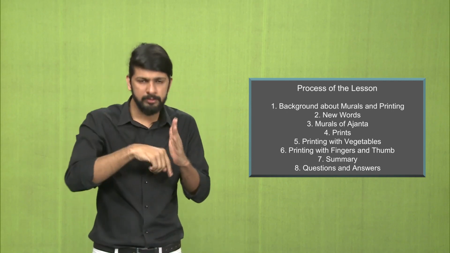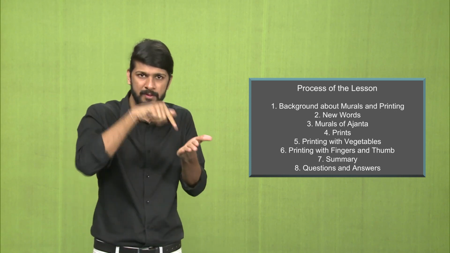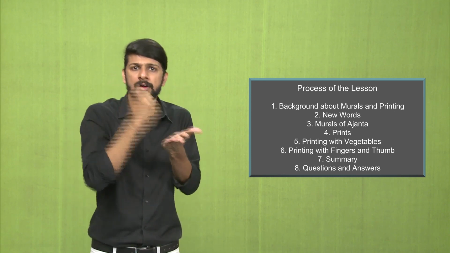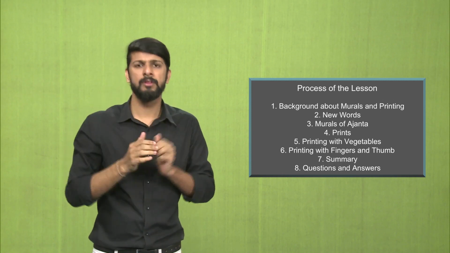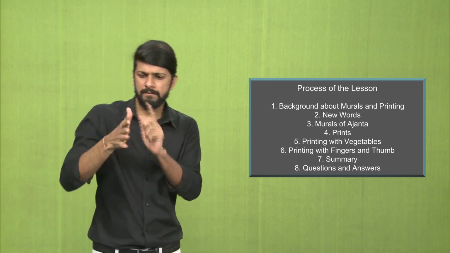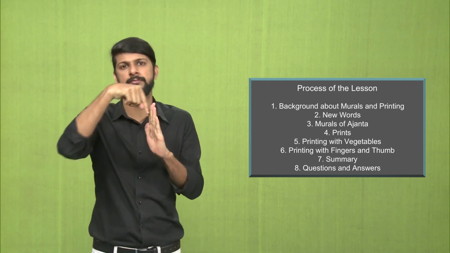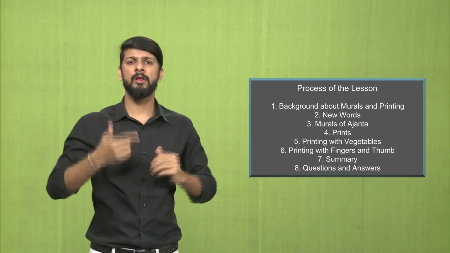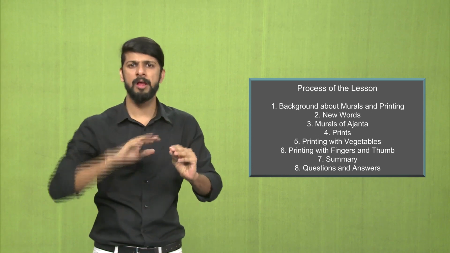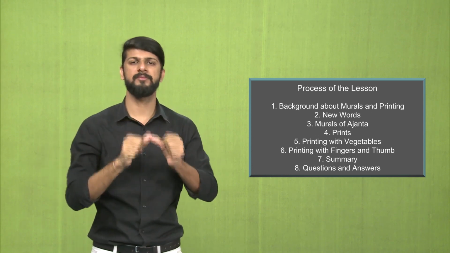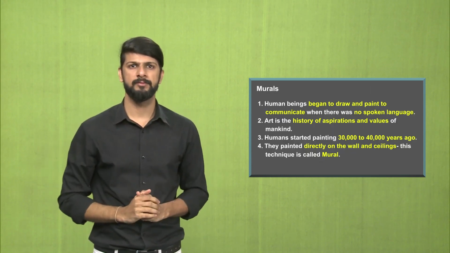Then we discuss about printing and prints. Then we have printing with vegetables. Then we have printing with our fingers and thumbs. Next, the summary of the lesson, and after that the questions and answers.